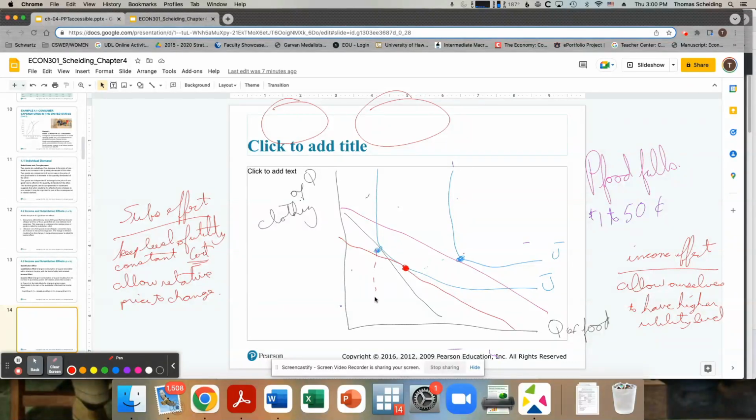So what that would mean here is that the movement from here to here is my substitution effect, and from here to here is my income effect, and that the two together add up to the total change.